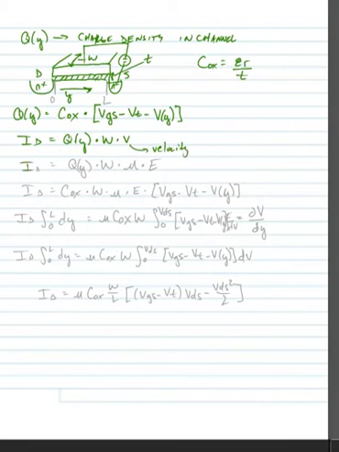And we know that the lateral electric field sets the velocity, so we can say that the current is equal to Q of y, times W, times a parameter mu, which is the mobility of the carrier in the channel, in this case the electron, times the E field.